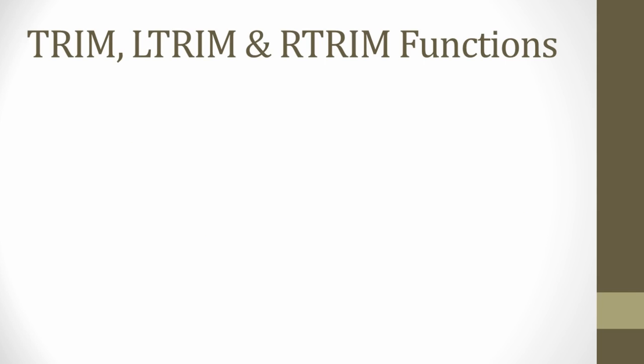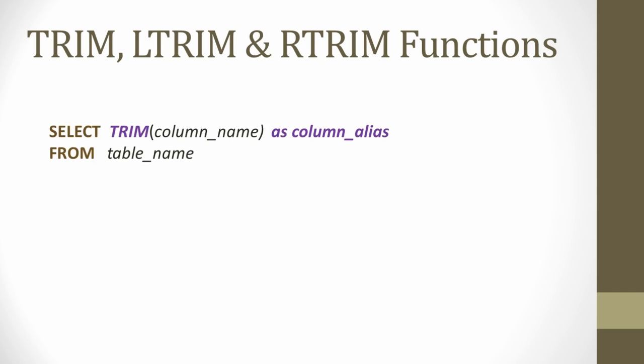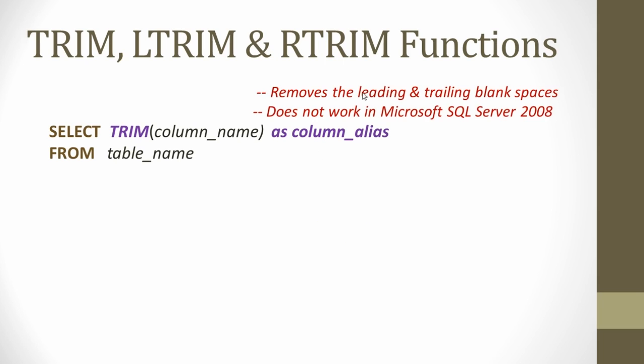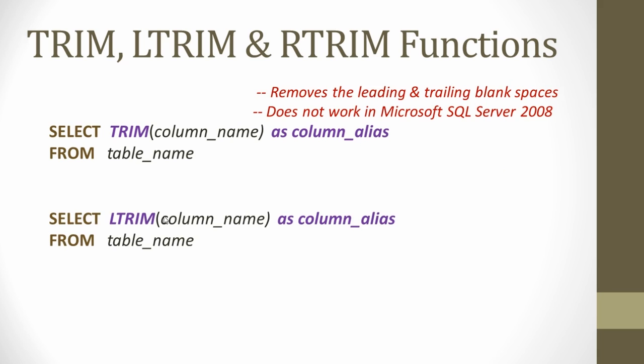LTRIM and RTRIM, let's look at those. Select trim as column alias. If you want to include the column alias, you could do that. If you don't, then the column name will not be specified. This removes the leading and trailing blank spaces. One thing to note is this trim function doesn't work in SQL 2008. So we could use a combination of LTRIM and RTRIM, which I'm going to talk about here.